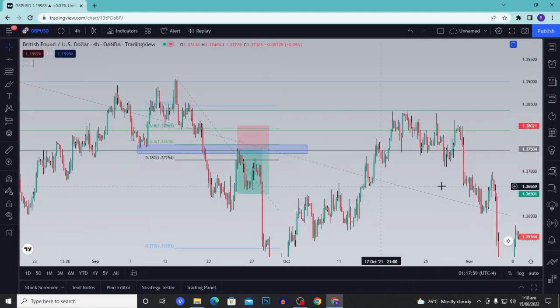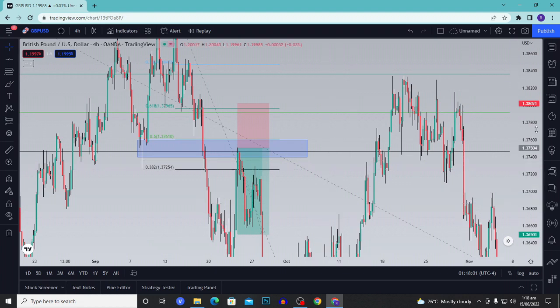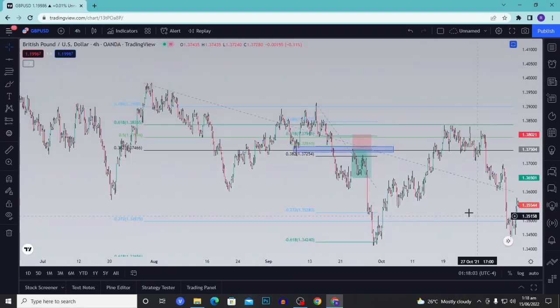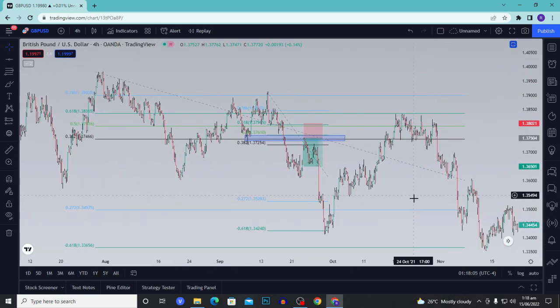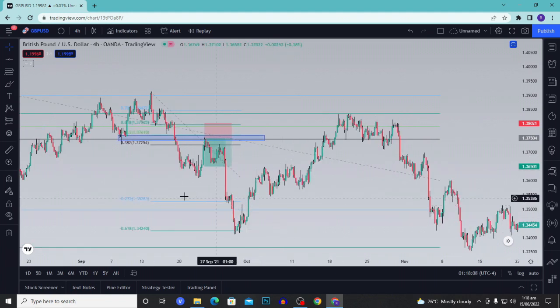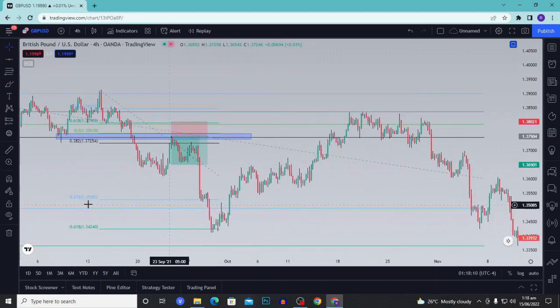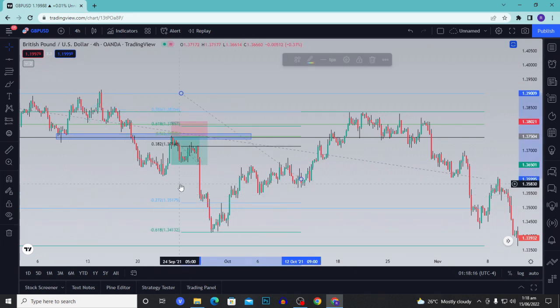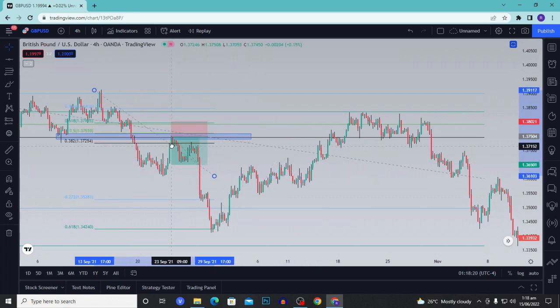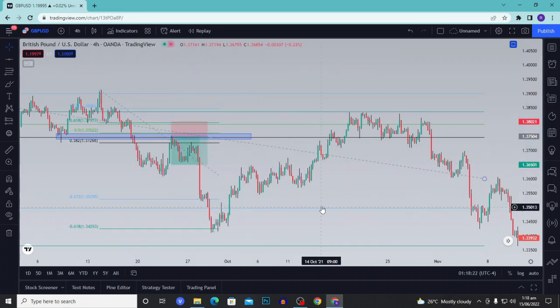So there's a 51 pip stop loss, and our take profit now will be the very first round number before we get to the negative 0.272 on the daily Fibonacci, the daily one, not the 4 hour.